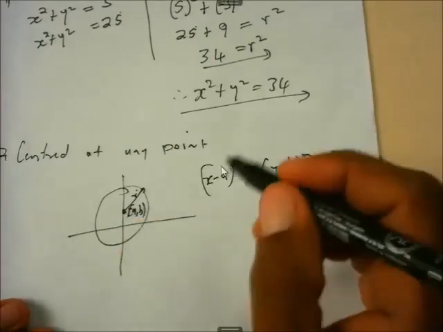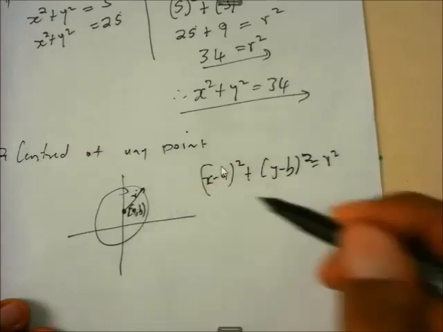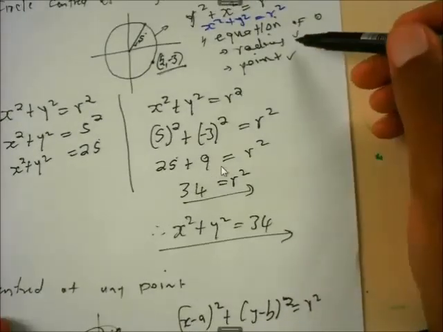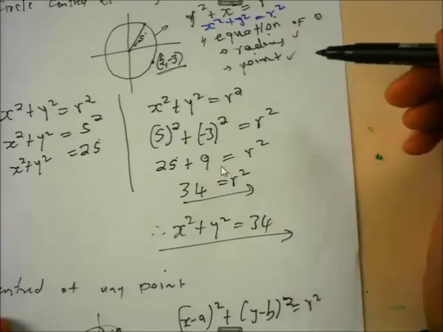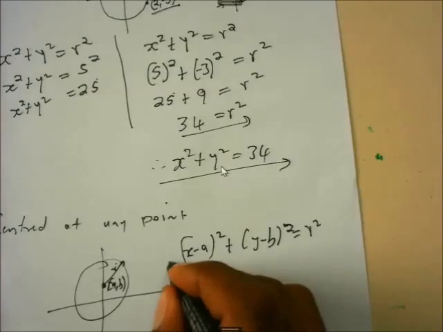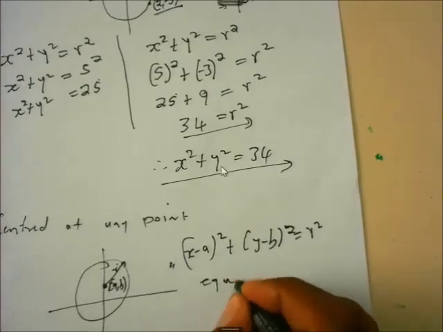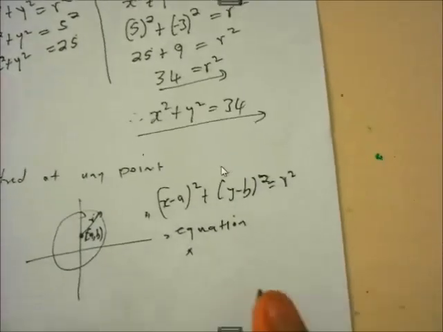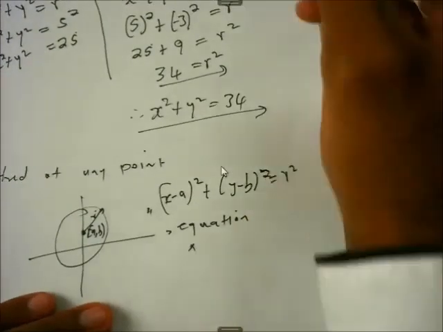Now, what is it that you need for you to be able to determine the equation of this circle here? Of course, remember the first one we said you needed a radius or a point on the circle. Boys and girls, it's still the same case in this one here. When you determine the equation here, of course, you still need the radius.